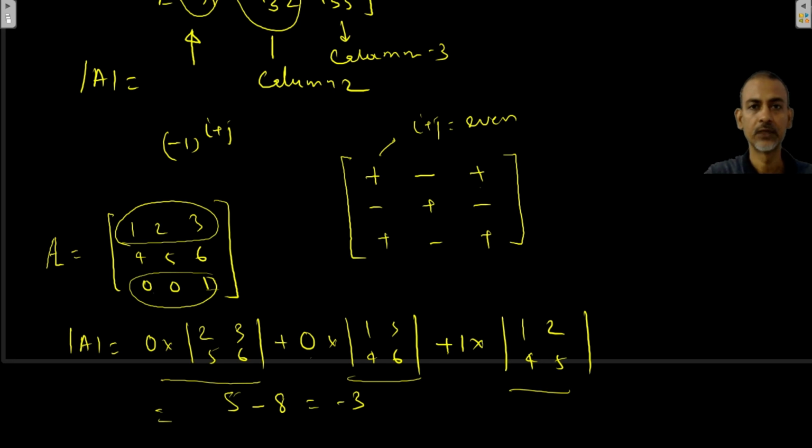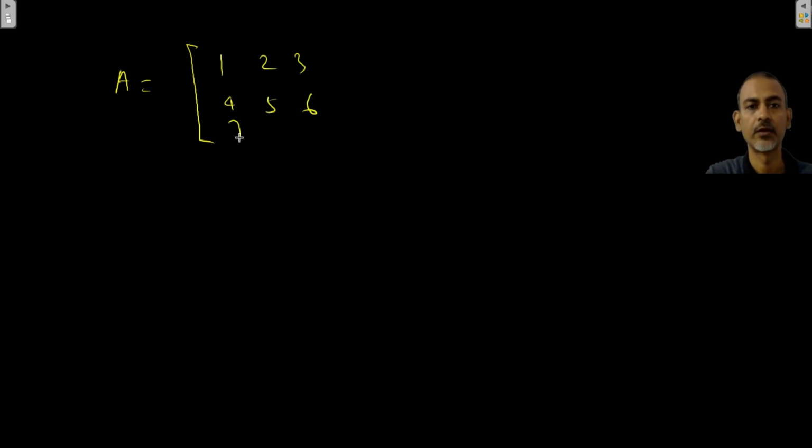Alright, the last thing which you have got to remember: say you have a matrix A equal to 1, 2, 3, 4, 5, 6, 7, 8, 9, right, something like this, and you have to calculate its determinant.